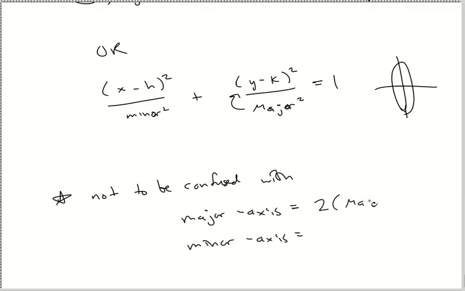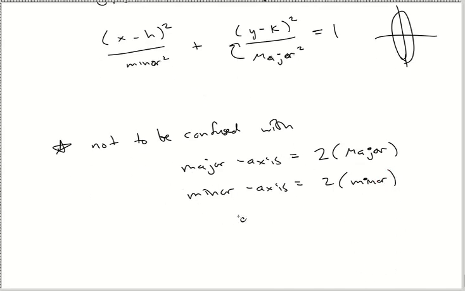I always put a capital on Major because it's major. And then 2 times minor. Minor gets a little m because he's minor. There you go. You're going to see this occasionally. It's not a very big part of this section, but they will ask for it occasionally, and we have to know what they mean by major axis, minor axis. It's kind of like that focal distance was that 4p from the last section, the whole entire 4p, not p itself. That's the same idea here.